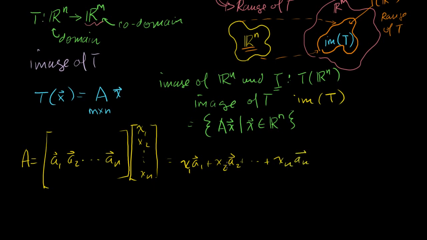And we're saying we want the set of all of these sums of these column vectors where x can take on any vector in Rn, which means that the elements of x can take on any real scalar values. So the set of all of these is essentially all of the linear combinations of the columns of A, right? Because I can set these guys to be equal to any value.